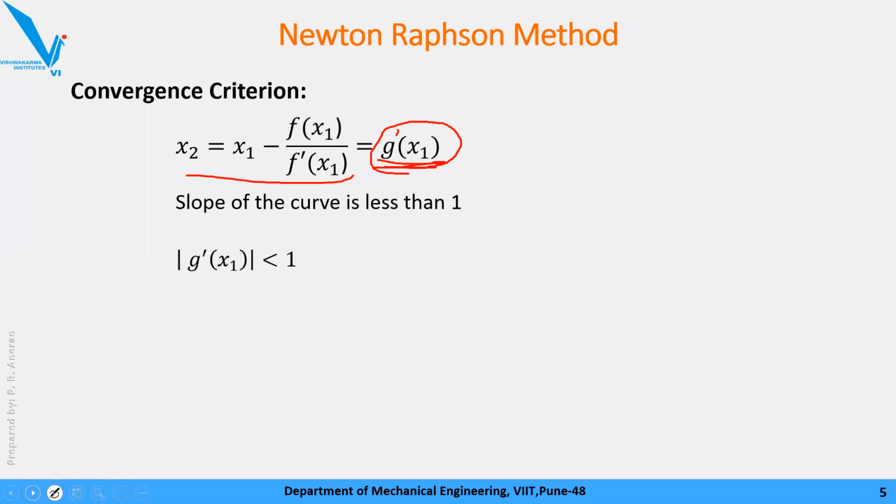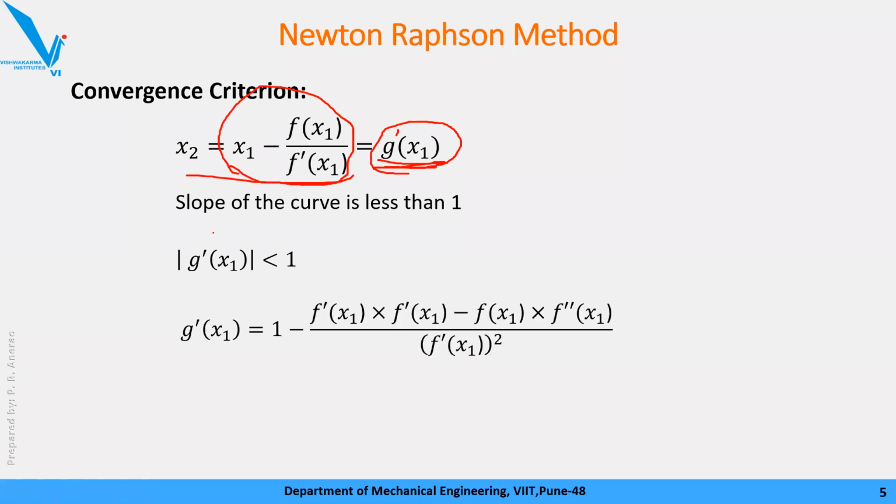Okay, so how can I get g dash of x1? Simple, differentiate this equation with respect to x1. Easy, we will differentiate it. So the differentiation of x1, d/dx1 of x1 becomes 1 minus d/dx of f of x1 divided by f dash of x1.